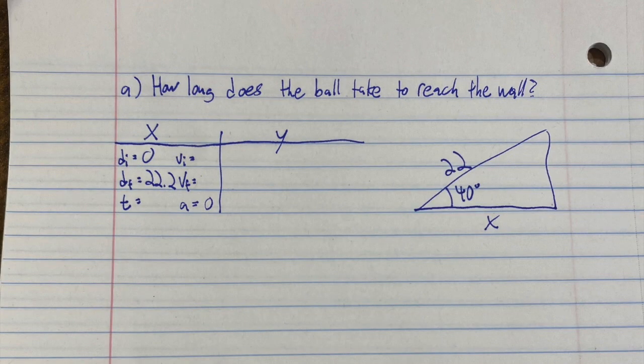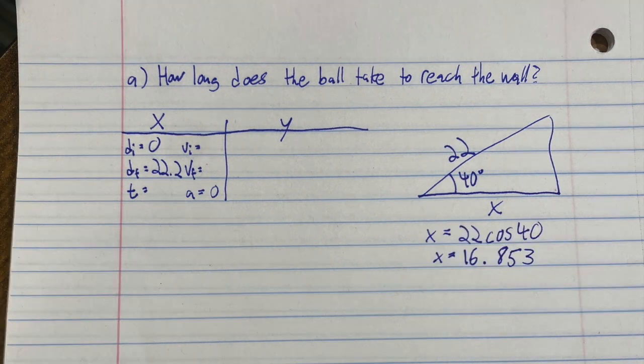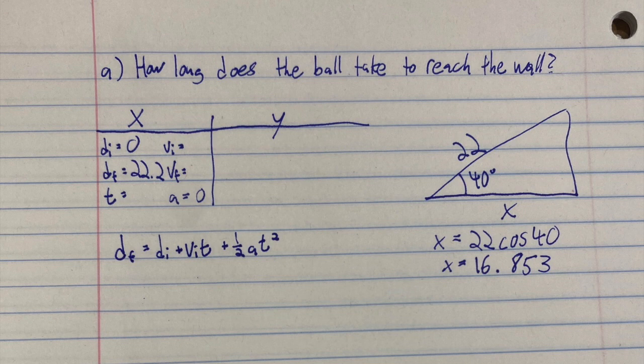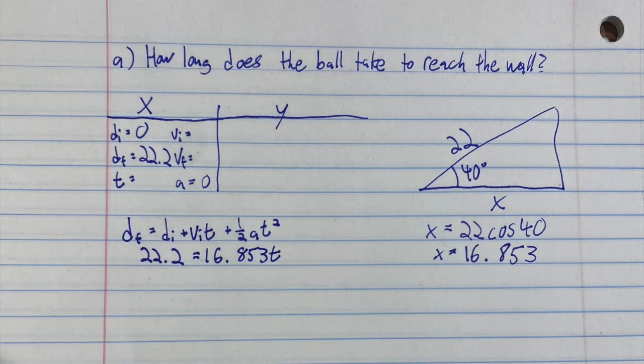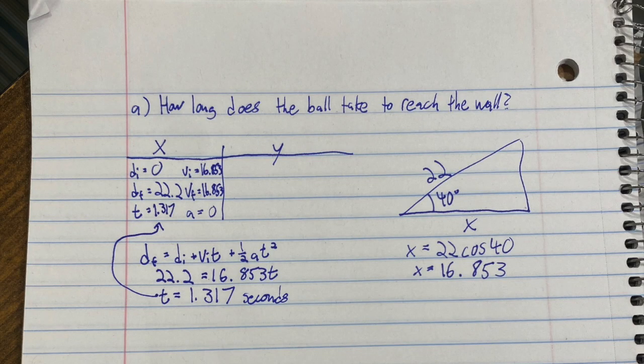By creating a triangle with a hypotenuse of 22 and an angle of 40 degrees, we are able to find that x, the horizontal component of the initial velocity, is equal to 16.853. Next, using this equation, df is equal to di plus vit plus 1/2 at squared, where t is our only unknown variable, we are able to find that t is equal to 1.317 seconds.